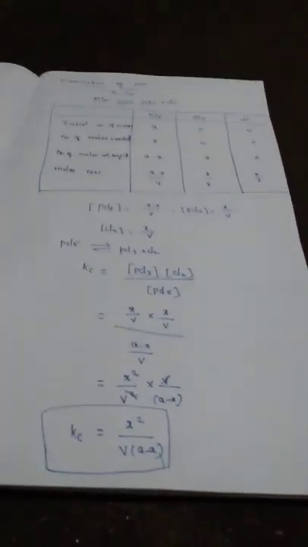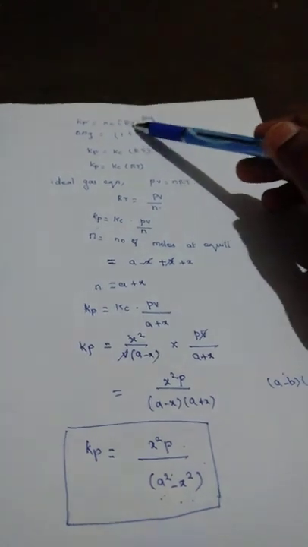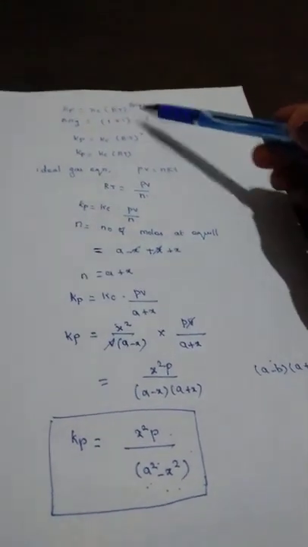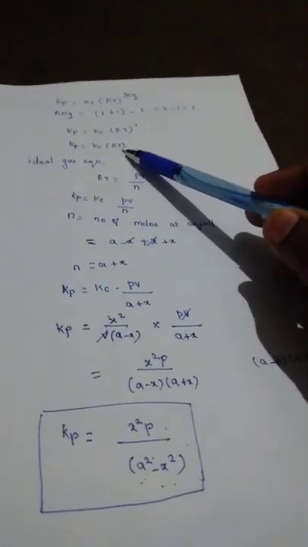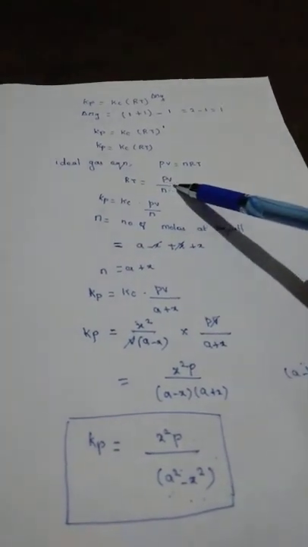Understand? Then you can calculate Kp. For calculating this Kp, we took this derivation. Kp is equal to Kc into RT power delta Ng. First calculate delta Ng, then substitute. If you substitute, you get this answer into RT. So from the ideal gas equation, just apply the RT formula.